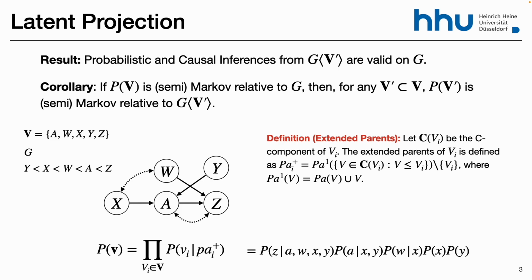So this is already the factorization of PV, where V is A, W, X, Y, and Z, according to the extended parents.